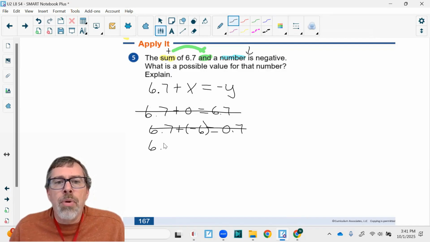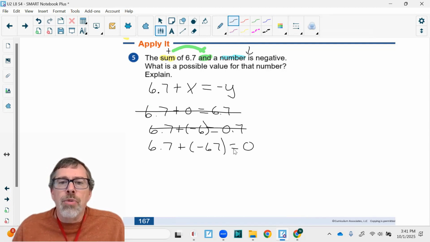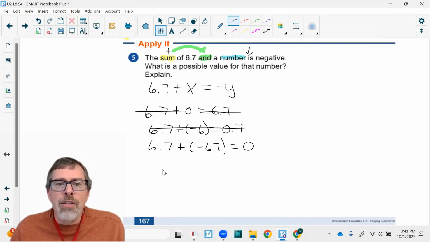If I take 6.7 plus negative 6.7, that's going to equal 0 because they're a 0 pair. So now we're down to 0. I want to go into the negative. So my answer is going to be x has to be less than negative 6.7.